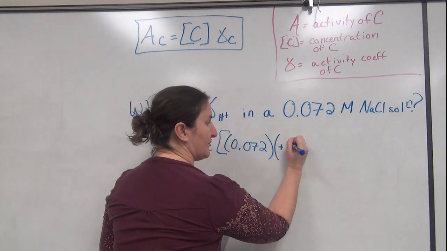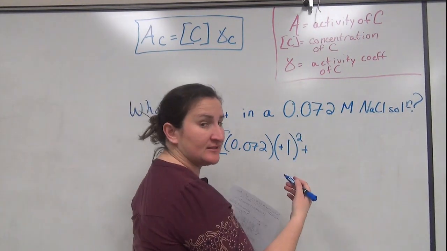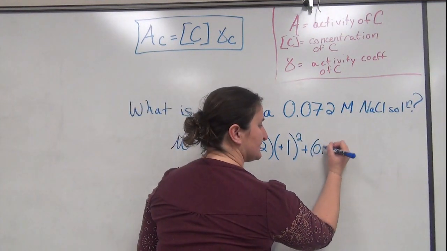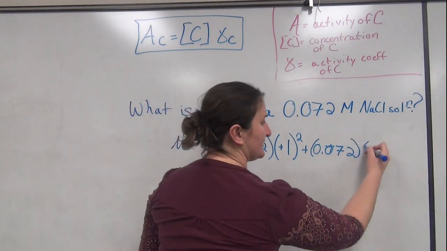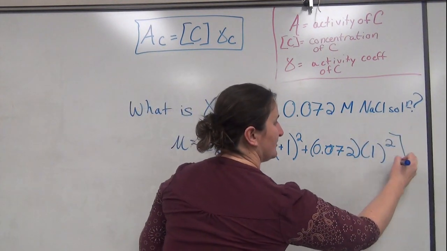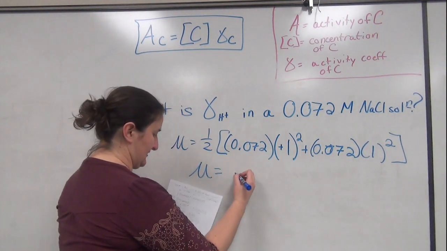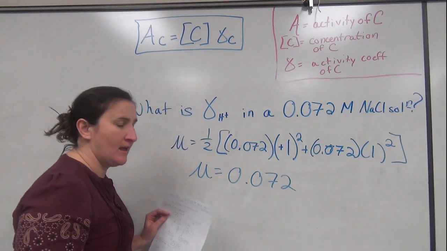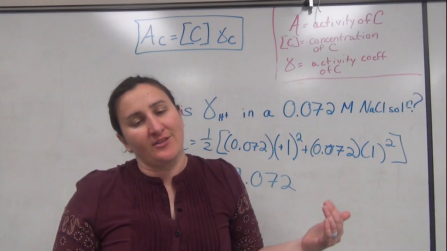Your charge is +1 squared, plus, and the plus and the minus don't matter because it's squared, plus the concentration of chloride times the charge of chloride squared. If you do all that, the ionic strength is equal to 0.072. Now you look this up in your table and you find that it's not on there.